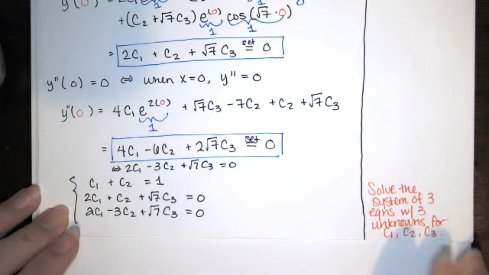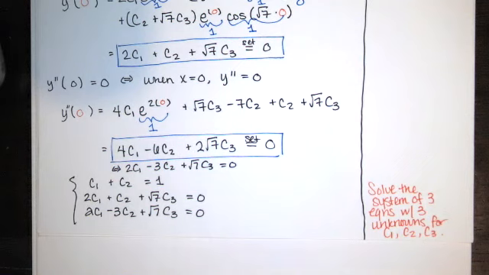Okay, so here's the idea. When you have a system of 3 equations and 3 unknowns, you really just want to get it down to a system of 2 equations and 2 unknowns. And then you'd like to get it down to a single equation with 1 unknown. You eliminate 1 variable at a time until you just have 1 equation that you can solve.